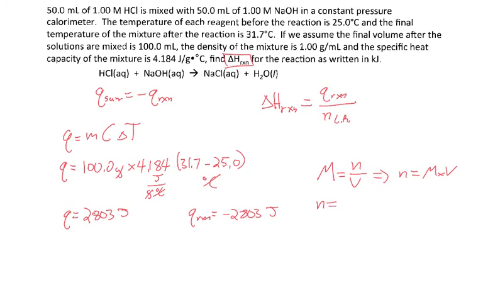So my moles of HCl is 1 mole per liter times 50 milliliters, I'll need to divide that by 1,000 to get it into liters. So that is 0.0500 liters. So my moles are 0.0500 moles.